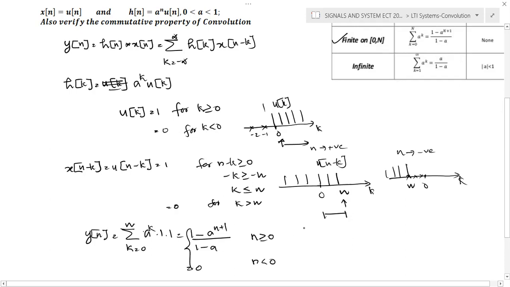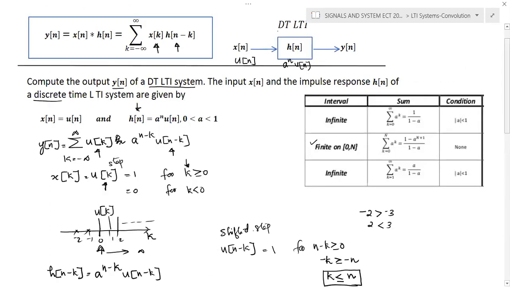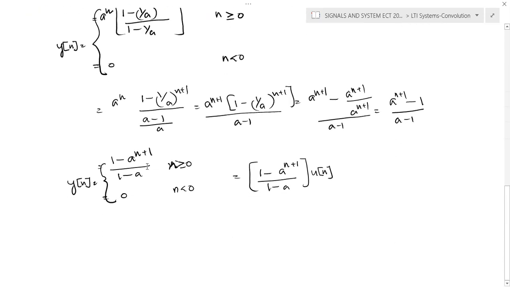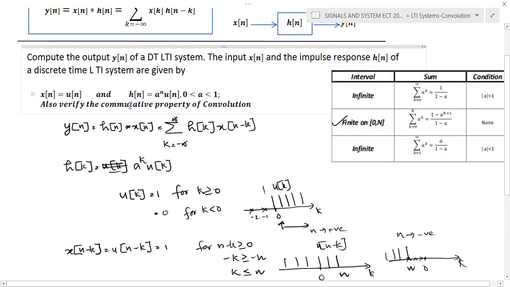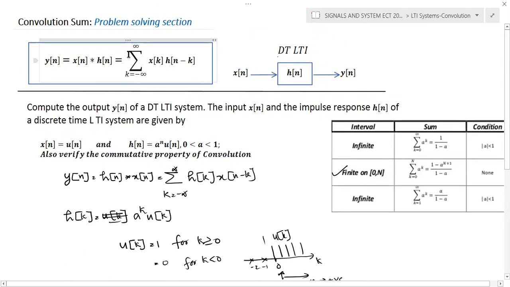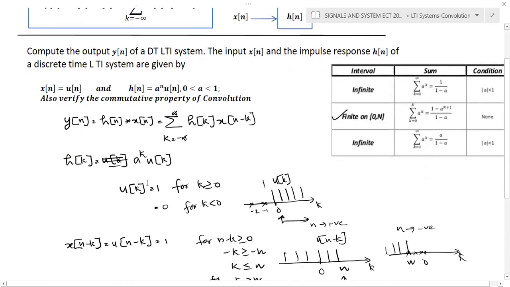So you can conclude y of n is equal to the same. If you observe the previous result, we get the same thing, 1 minus a raised to n plus 1 by 1 minus a. So now we can verify the commutative property. Already we used x of n convolution h of n, and we got the same result if you perform h of n convolution x of n.